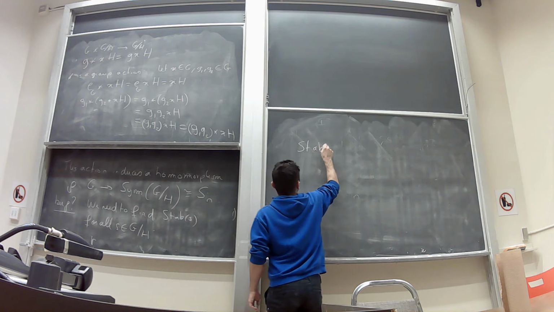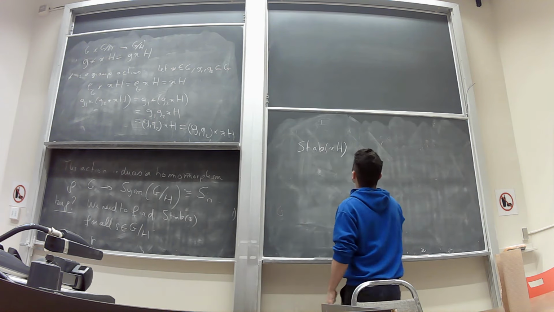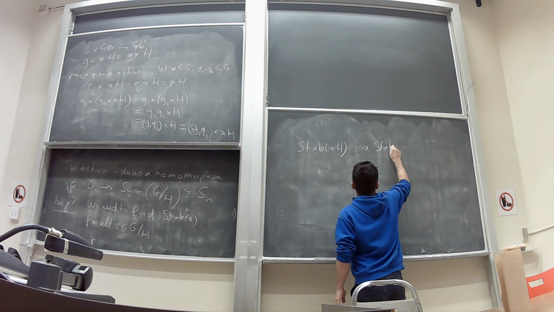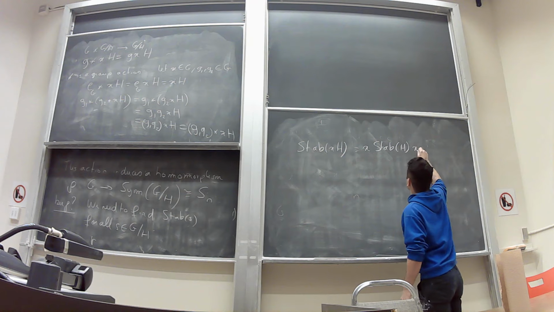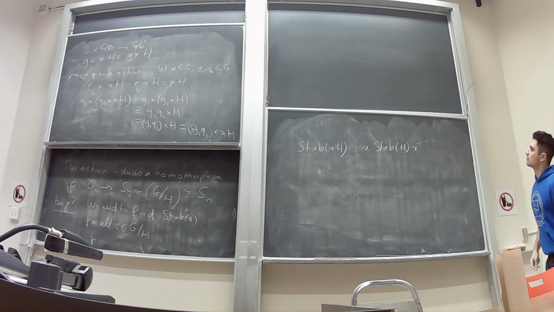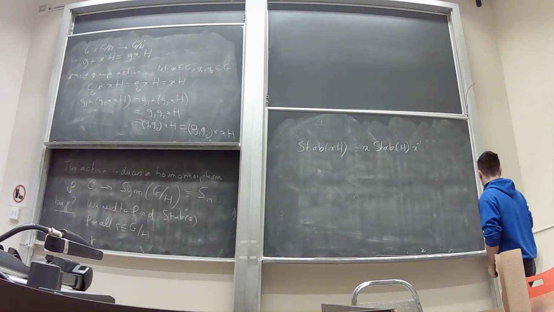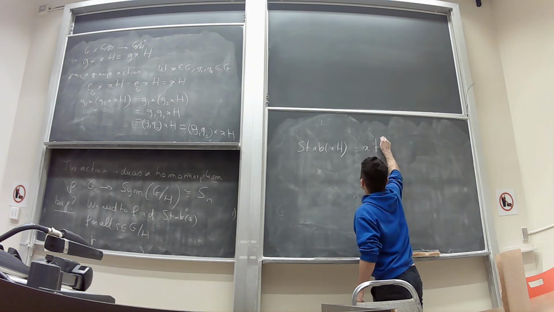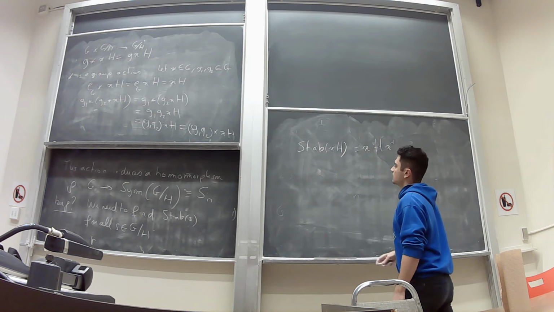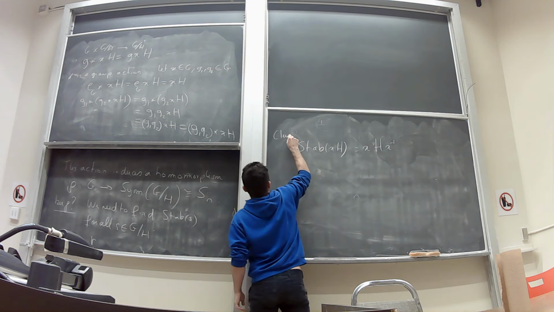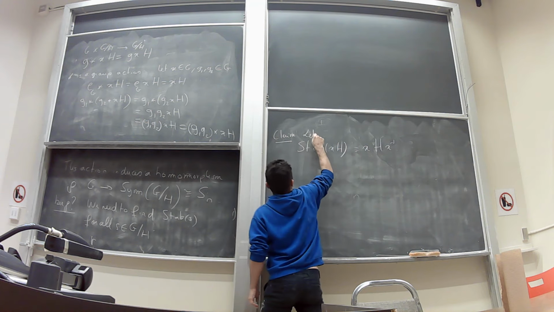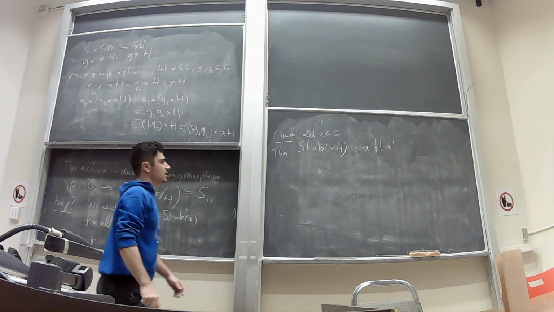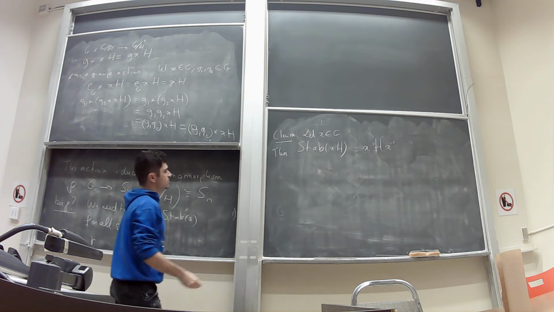So I claim that stab(xH) is, let's see if I get this right, x stab(H) x inverse. Or you know what, let's not do this here. This is just xHx inverse. Claim: let x be in G. Then stab(xH) is xHx inverse. Let's prove this.